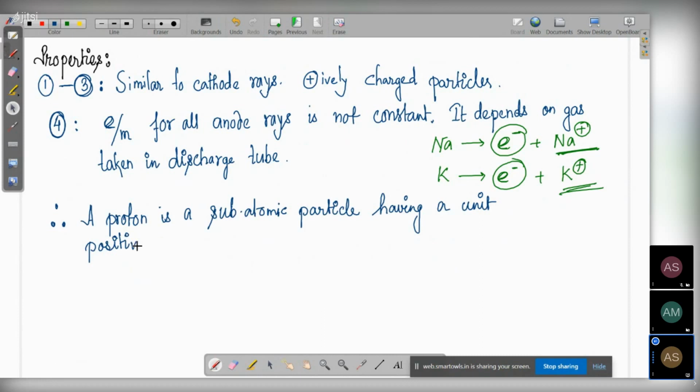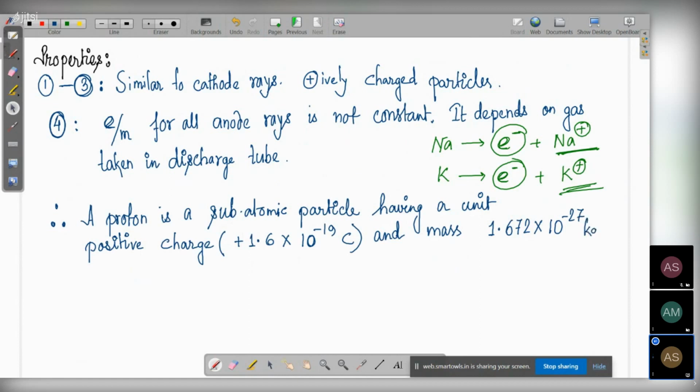It has to be exactly the same as that of an electron, so that the atom becomes neutral. The value will be the same but positive, so it will be plus 1.6 into 10 to the power of minus 19 coulomb. And mass is 1.672 into 10 to the power of minus 27 kg.